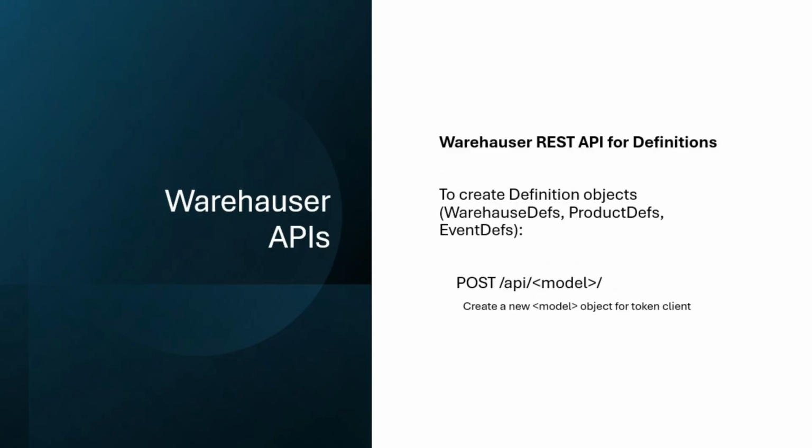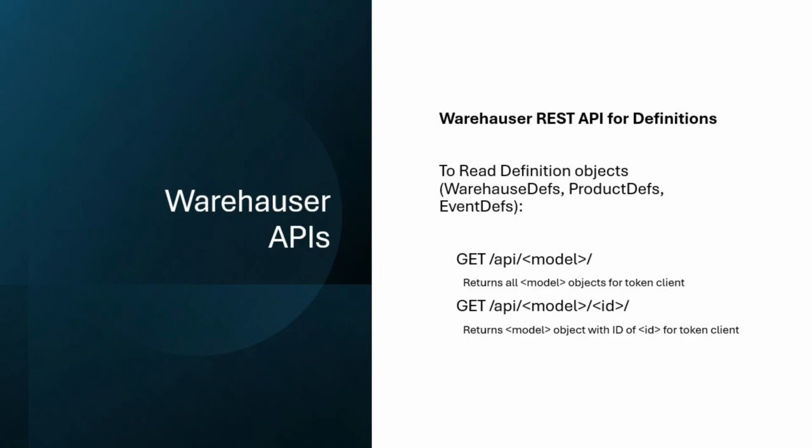But for now, let's explore the available Warehouser REST Service API endpoints for definition models. To create a definition object, you use the post method against the /API/model name endpoint. To read definition objects, you use the get method against the /API/model name endpoint. To read a specific definition object, you can append an ID/ at the end.